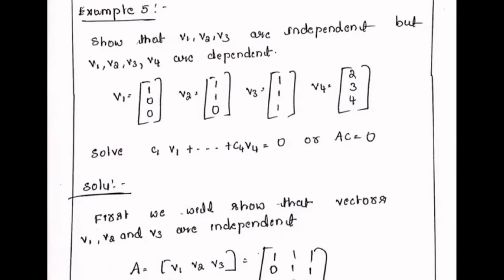Okay. So as you know, in order to prove independence, you know this standard equation, right? C1 V1 plus C2 V2 plus C3 V3 plus C4 V4 should be equal to 0. In order to consider all the 4 vectors to be independent, you have to satisfy this condition. And if you generalize this, it becomes AC equal to 0, right?